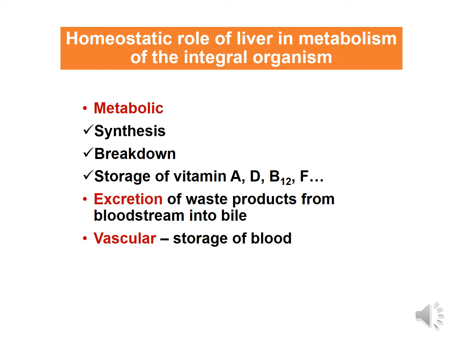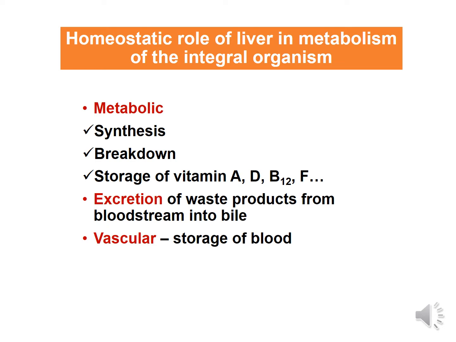Hepatocytes are metabolic overachievers in the body. They play critical roles in synthesizing molecules that are utilized elsewhere to support homeostasis, in converting molecules of one type to another, and in regulating energy balance. There are three main homeostatic functions of the liver in metabolism.